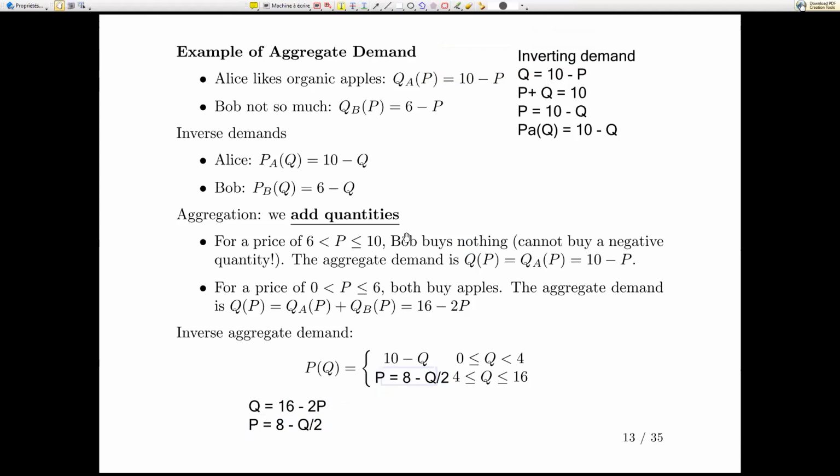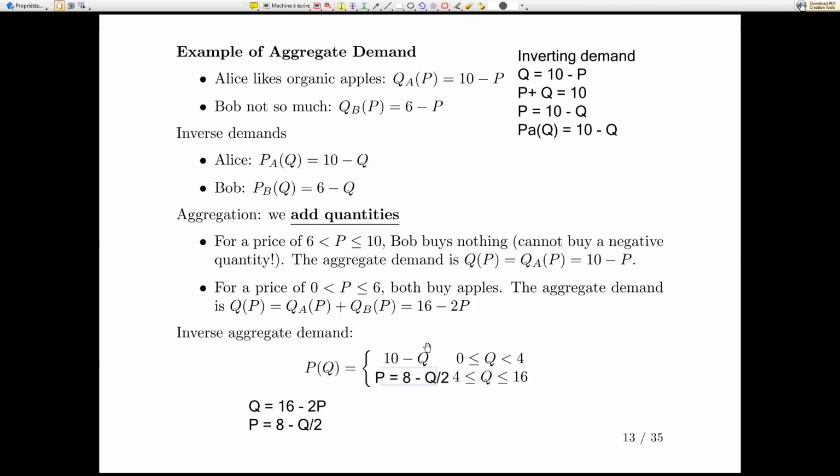So let me go back to show you all the steps. If I give you demand curves like this, then what you want is to add them up together to get the total demand, Q equals QA plus QB. Then you invert the first one, invert the second one, and invert the total one, which is this one.